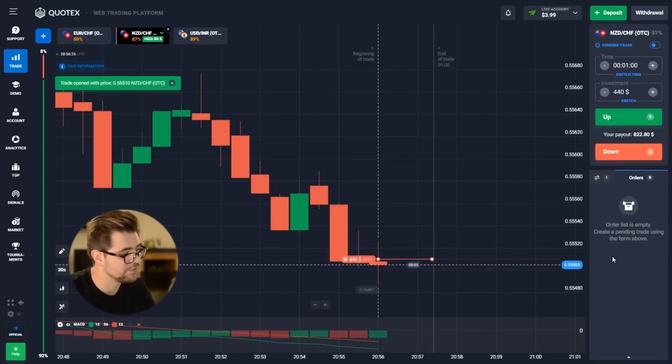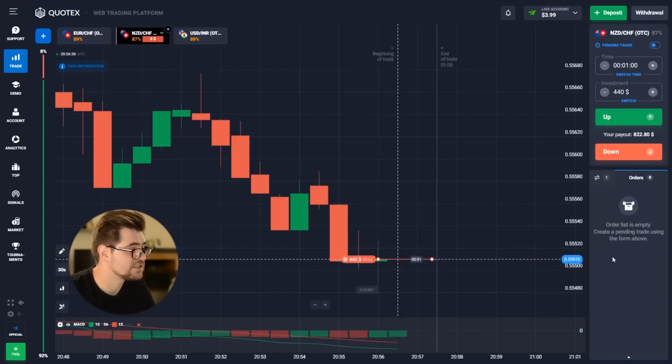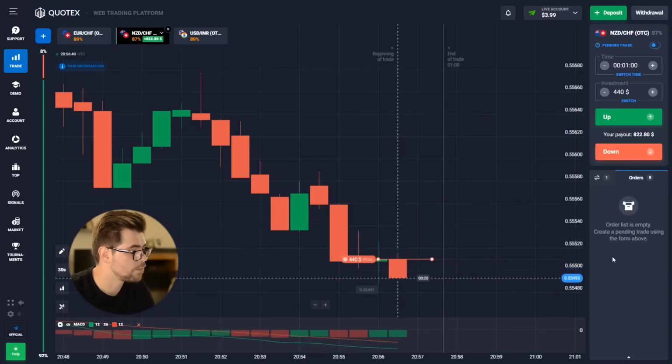I just went for a put option, guys, again, because 1 minute is not enough time for the price to go back up, I think. Although look, it starts going up a little bit, but there you are, it starts going down again.